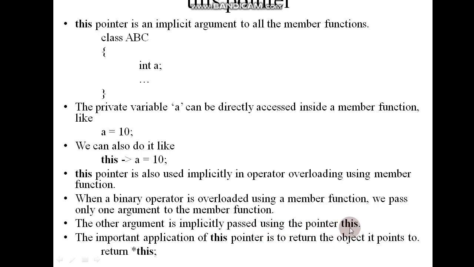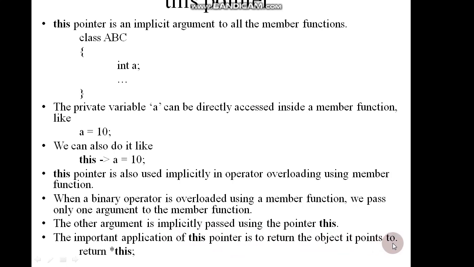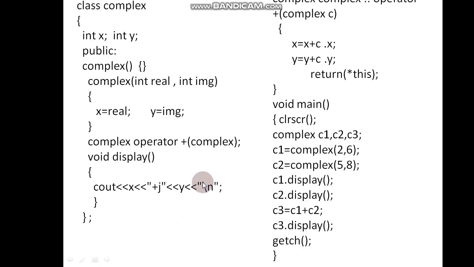Let us see this in the example. The important application of this pointer is to return the object it points to. Now we can return the invoking object. Let's see this with an example.